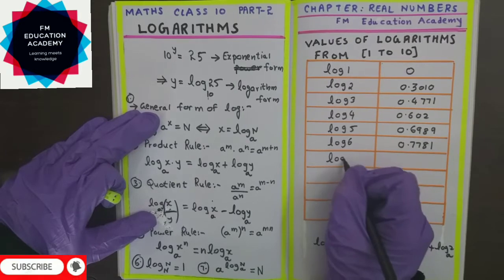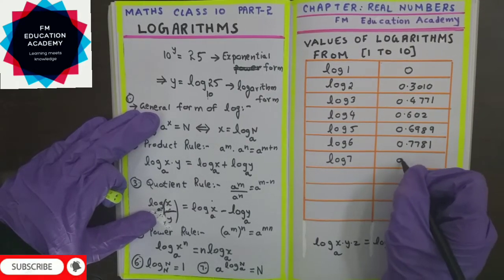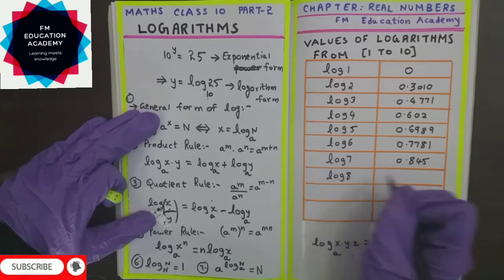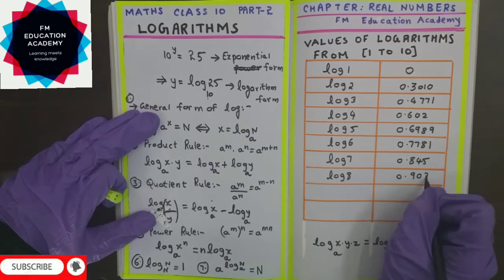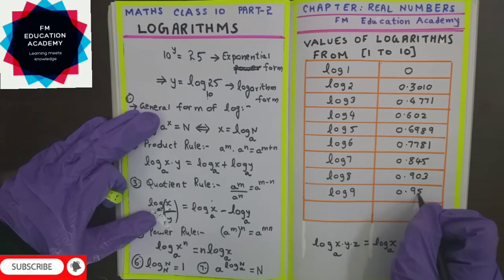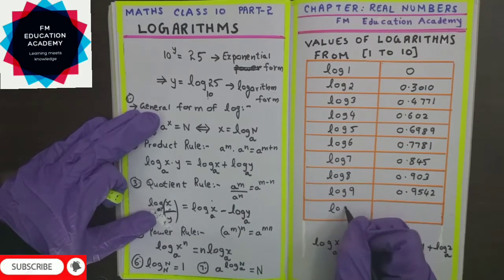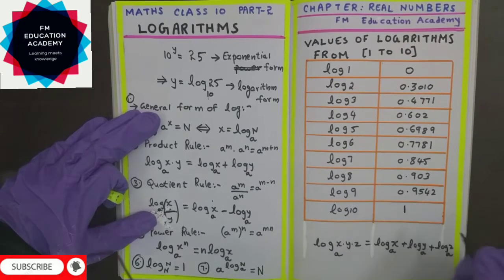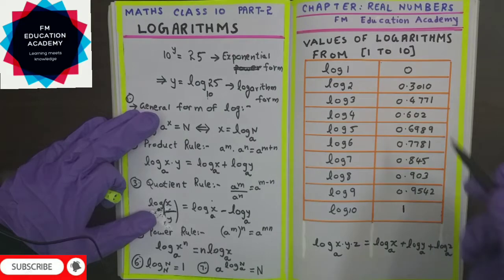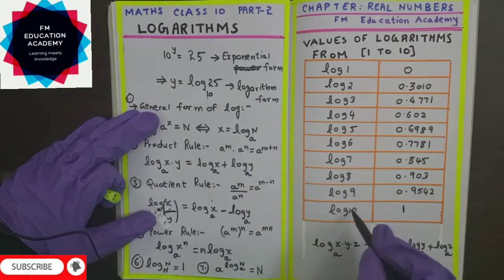The value of log 7 is 0.845. The value of log 8 is 0.903. The value of log 9 is 0.9542. The value of log 10 is 1. So remember, the values from log 1 to 10 go from 0 to 1. That is, log 1 is always 0, log 10 is always 1.